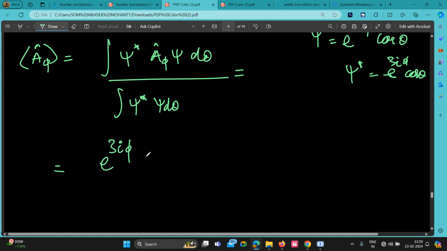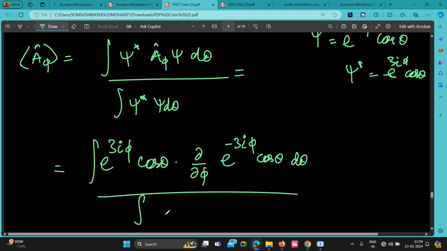So psi star, e to the 3i phi cos theta, into del by del phi of e to the minus 3i phi cos theta, d theta. Is it right? Yeah.